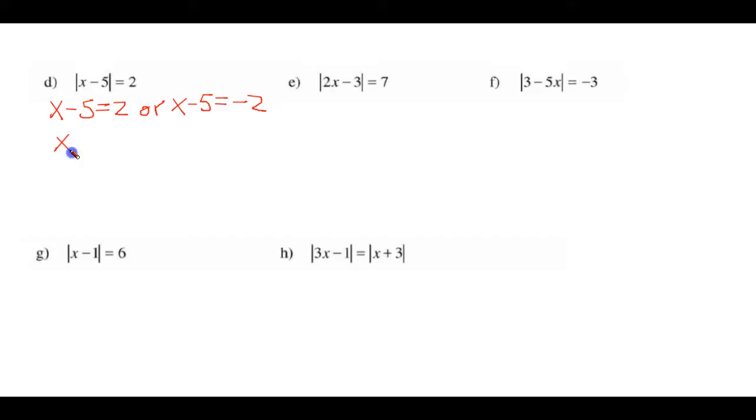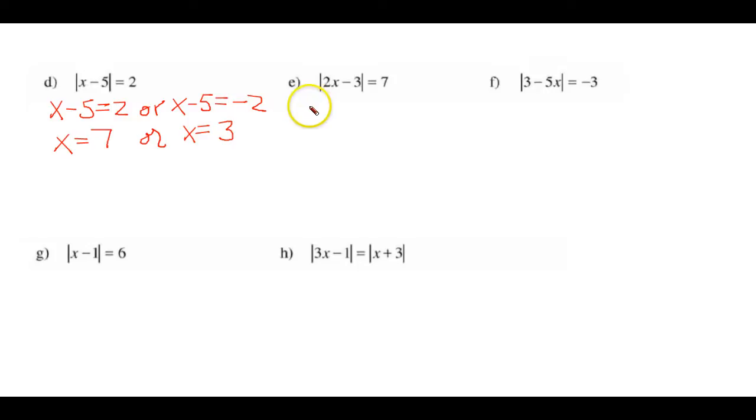So here x equals transpose 7, or x equals transpose on this side, it becomes a positive, and that would give you a positive 3. So these are the two values. This could have been a negative under here, and we could have it as a positive as well.